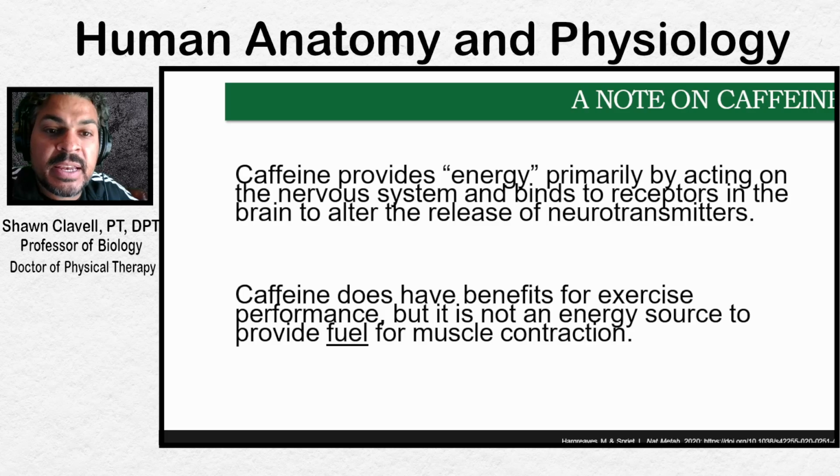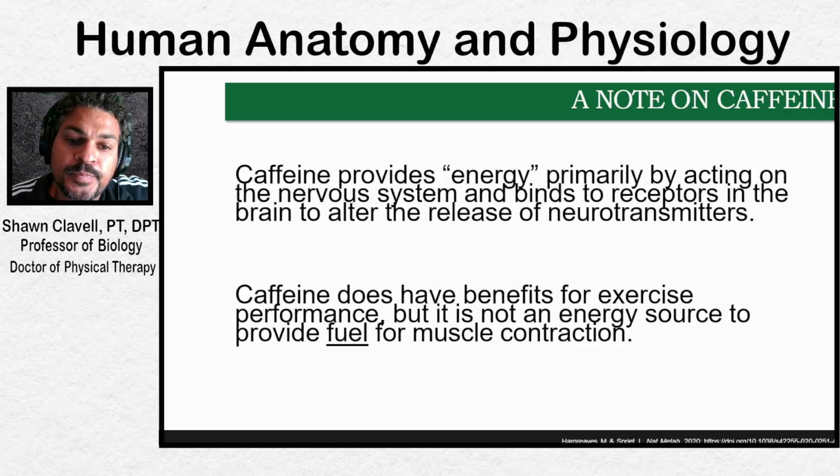What it does is it stimulates the nervous system, right? It binds to receptors in the brain, alters the release of neurotransmitters. So it does have benefits in terms of exercise, whether it's performance for endurance exercise or those short periods for sprinting and power, like we mentioned previously, but it doesn't provide fuel for a muscle contraction.